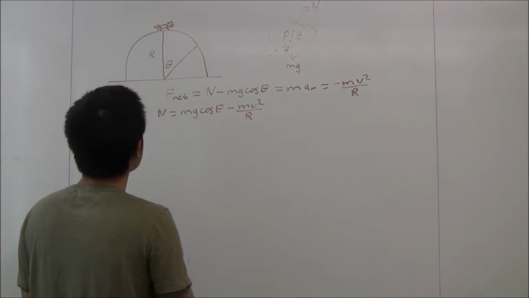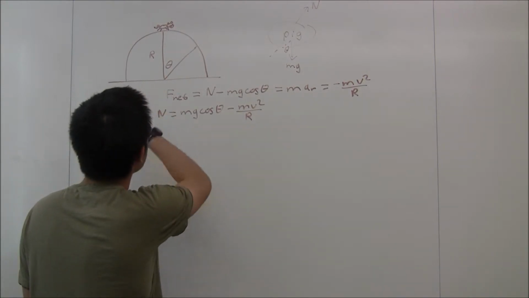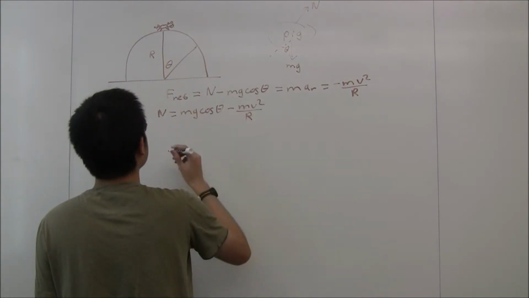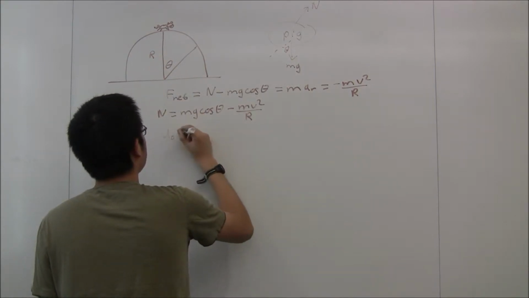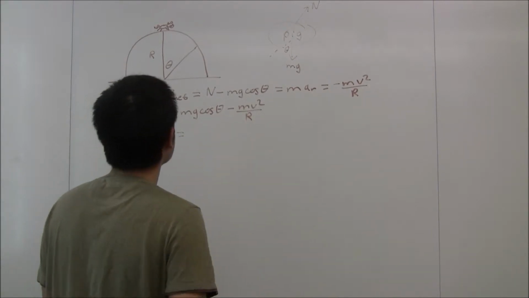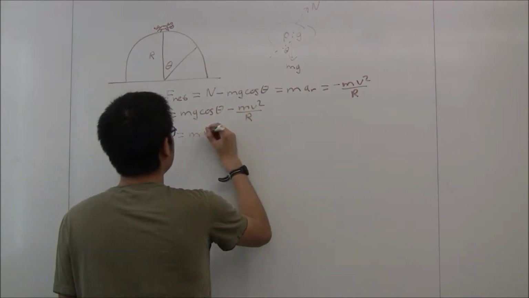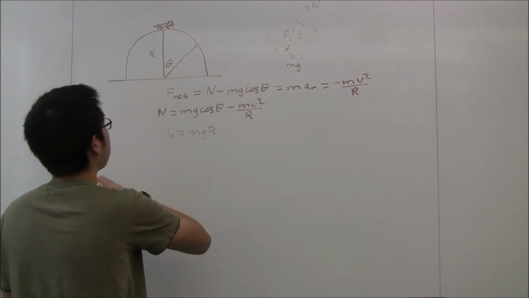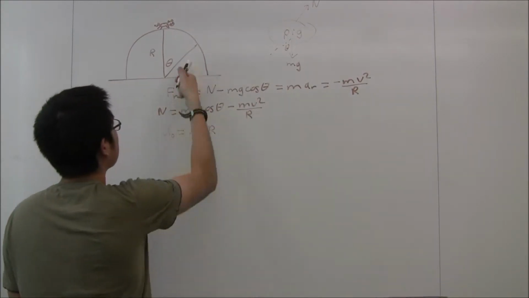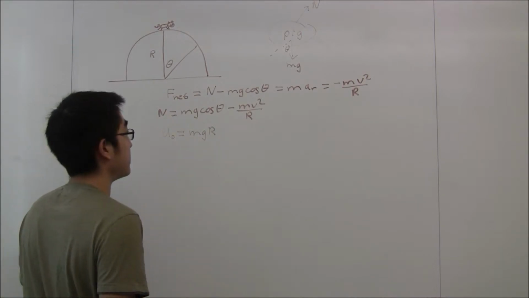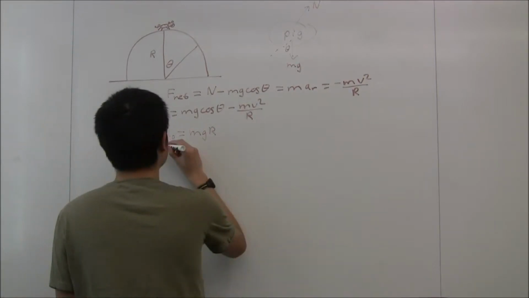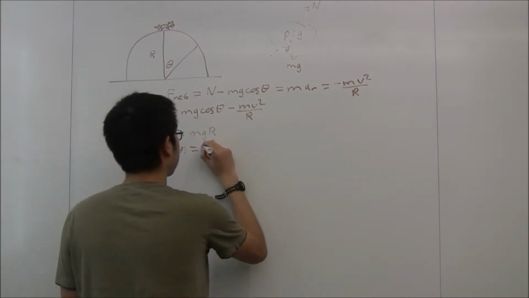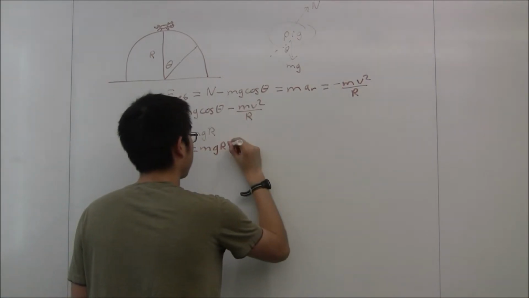Let's take the potential energy of the pig to be 0 at ground level, which means initially at the top of the dome, the potential energy of the pig, U0, is equal to mgr. And at an angle theta, its vertical position with respect to the ground is just r cosine theta. So its potential energy at angle theta is mgr cosine theta.